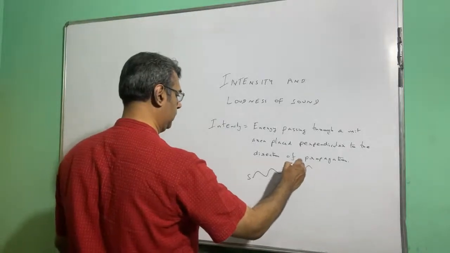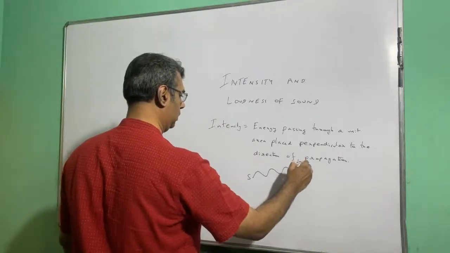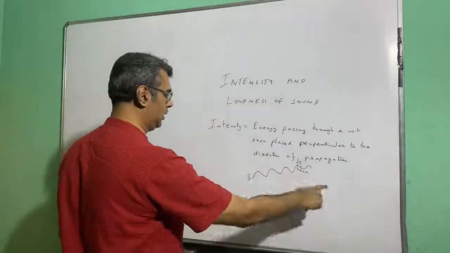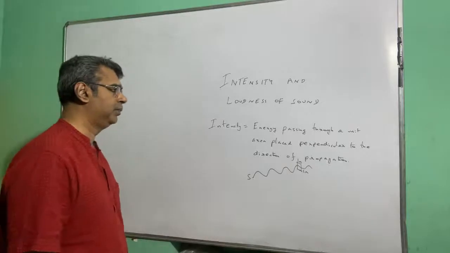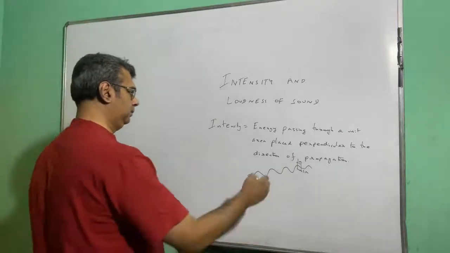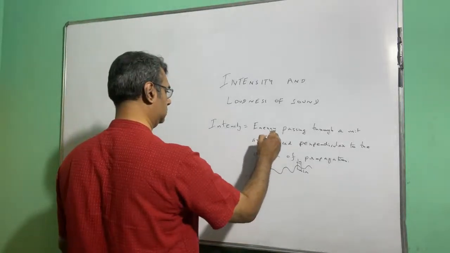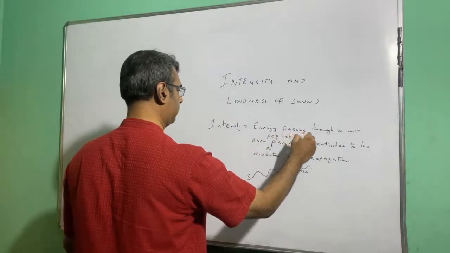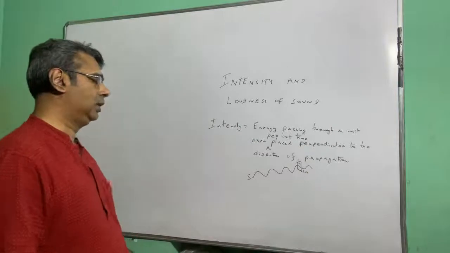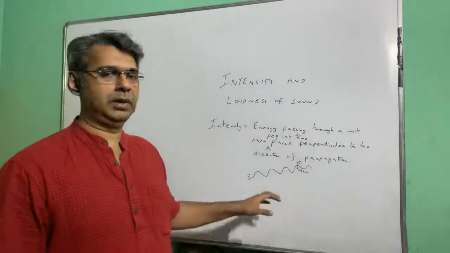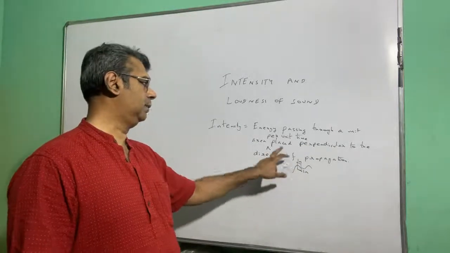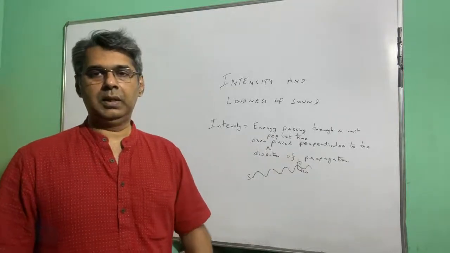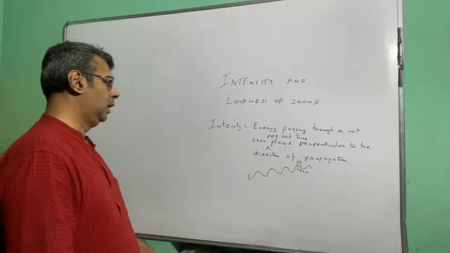If you keep a unit area of 1 meter by 1 meter, then the amount of sound energy passing through this unit area per unit time, with the area placed perpendicular to the direction of propagation, is known as intensity.